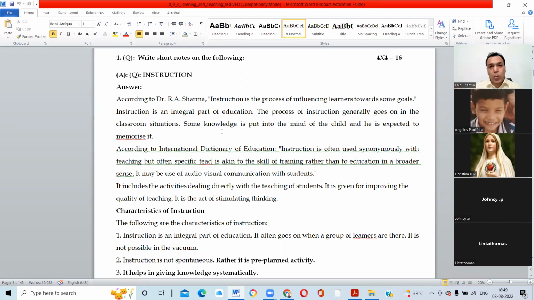But education is a big word. Education goes from birth to death, because a person learns everything every moment. So keeping the word education in your mind, you have to define instruction.